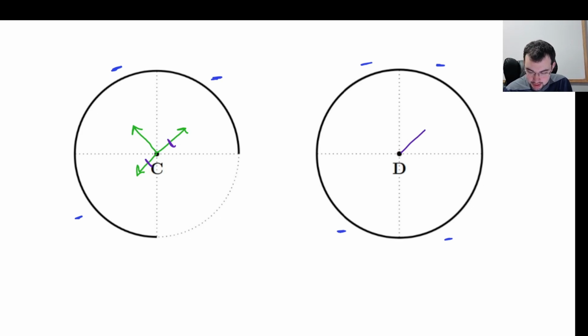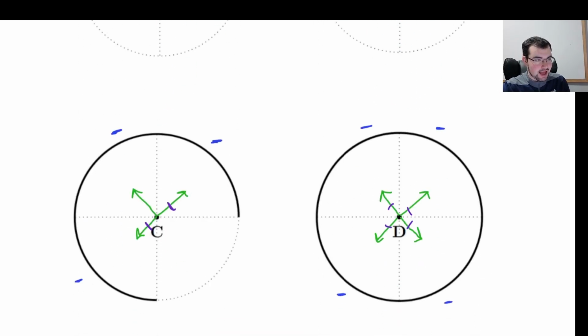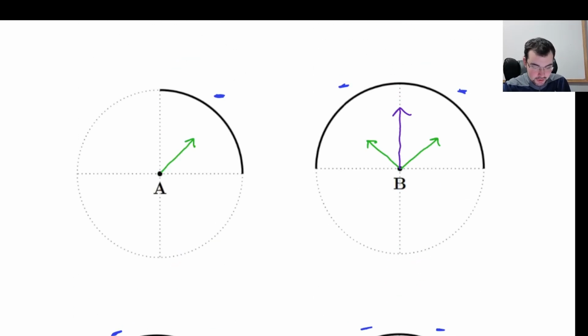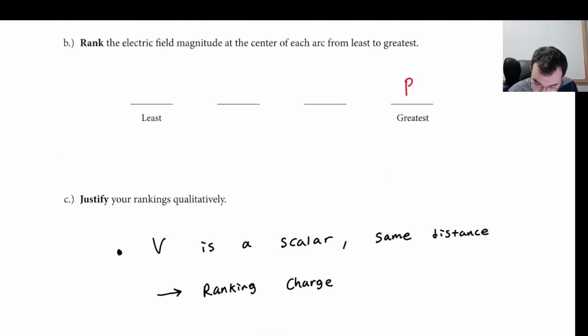And for the same argument, D gets canceled out entirely. So our weakest field is case D because it gets pulled equally in all directions. Then cases A and C tie because they have one full arc. And B has vector addition that causes it to be the greatest. So B is the greatest, and D is the least, with A and C tying.